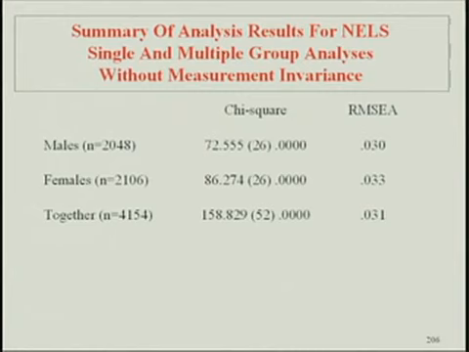So you can see that the chi-square do not have p-values greater than 0.05, but the RMSEA values look good, and I haven't given you CFI, TLI, and everything else, but we're going to conclude from this that the model at least fits males and females well, same number of factors, good model fit. And then when we analyze them together with all of the factor loadings free, which is the input we just saw, then we get chi-square of 158, et cetera, and RMSEA of 0.031. So this summarizes the first 2 steps that we did.